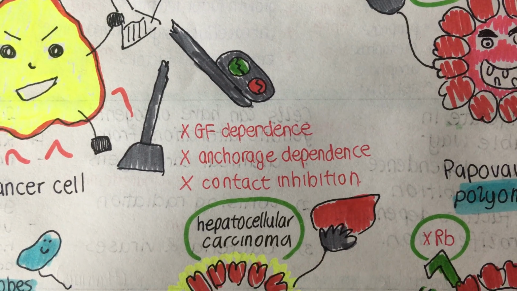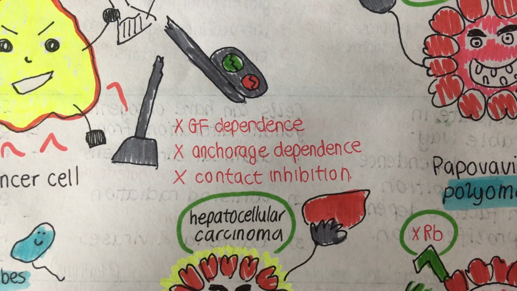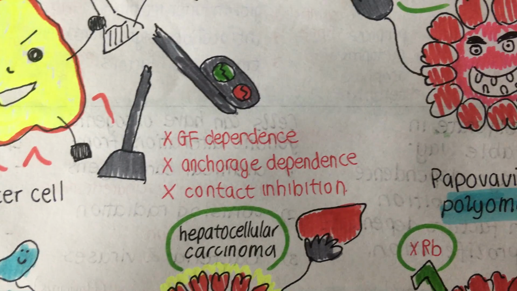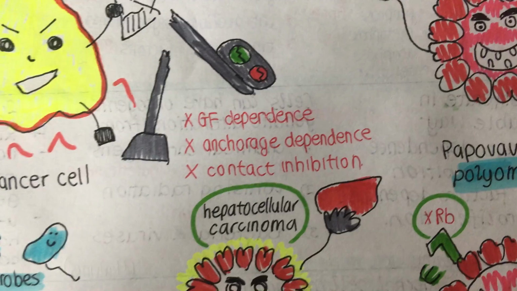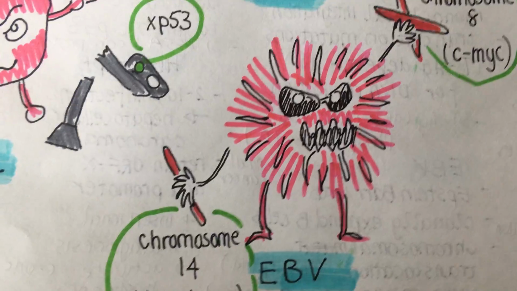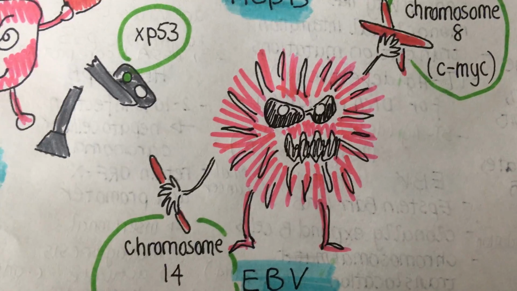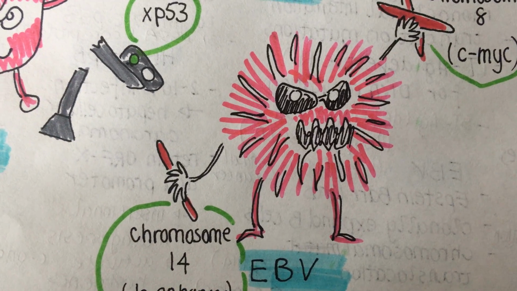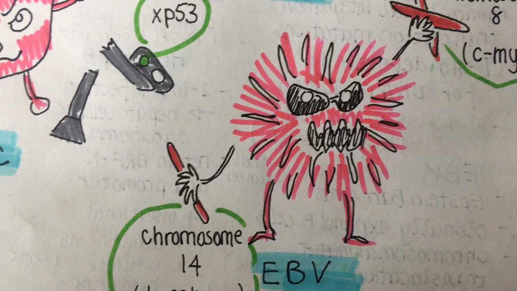The loss of tumor suppressor gene results in overproliferation of Merkel cells with a characteristic flower appearance.